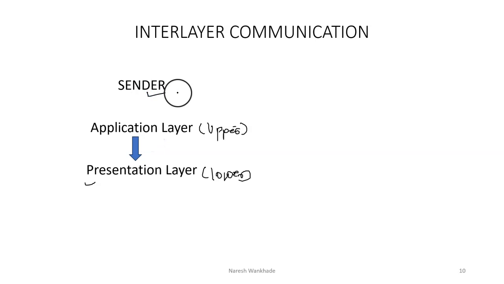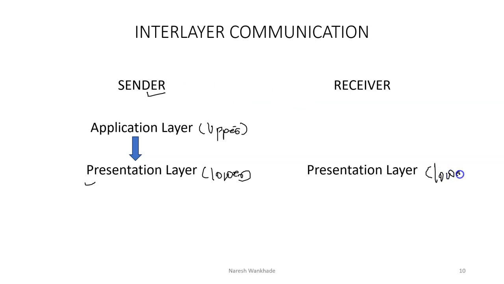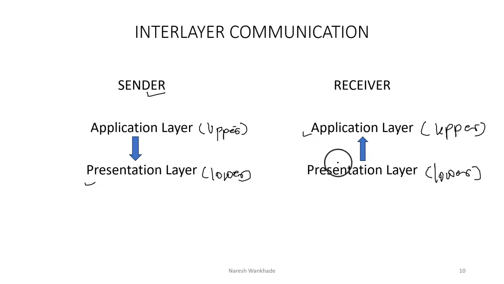At the receiver side, the presentation layer, which is the lower layer, gives services to the application layer, which is the upper layer, or in other words, the application layer uses the services provided by the lower layer, that is the presentation layer. This type of communication is referred to as interlayer communication associated with the OSI reference model.